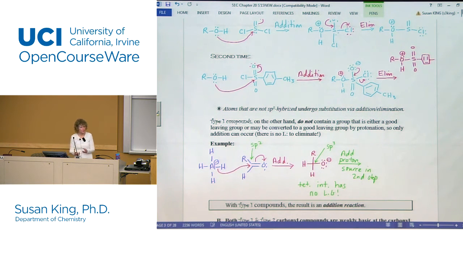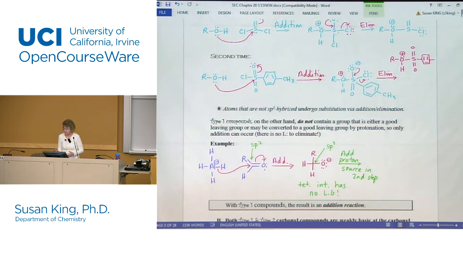Now, your book uses different proton sources. Sometimes they use water, sometimes they use hydronium ion. I don't want you to worry about that. In truth, if you're actually doing this reaction, it is very exothermic with water, so you cool your reaction down in an ice bath, you add a drop of water, you wait for the exothermic reaction to subside, you add water first, and then you put everything in a sep funnel and shake it up with a little acid.